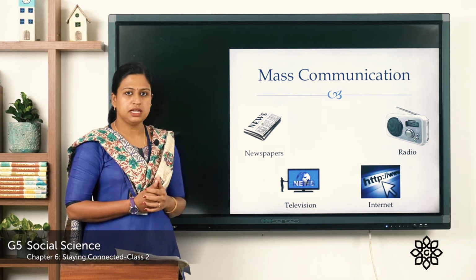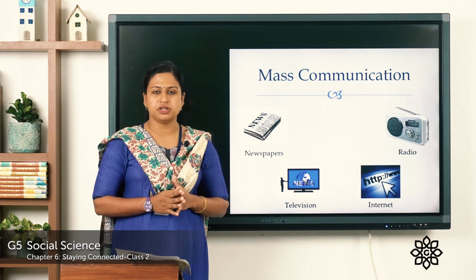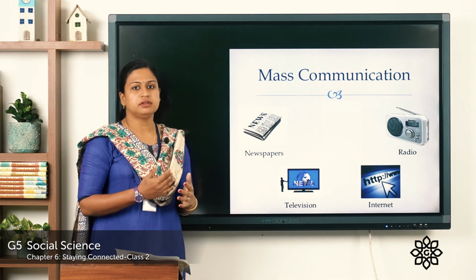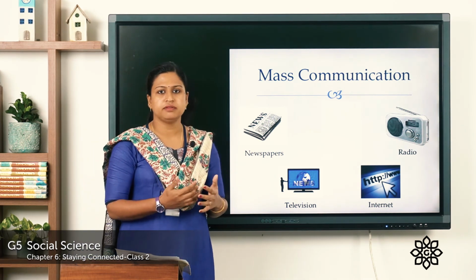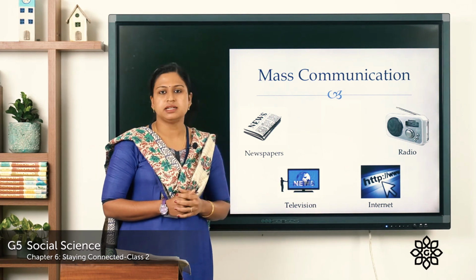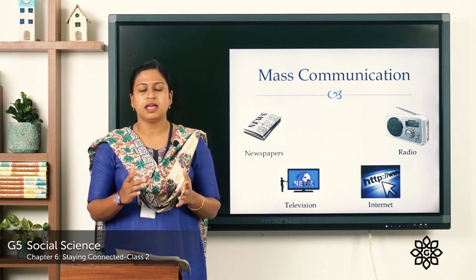The next one is television. It is one of the most popular means of communication. It enables us to watch live news, live sports events or cultural events. The next one is internet. Internet stands for interconnected network.